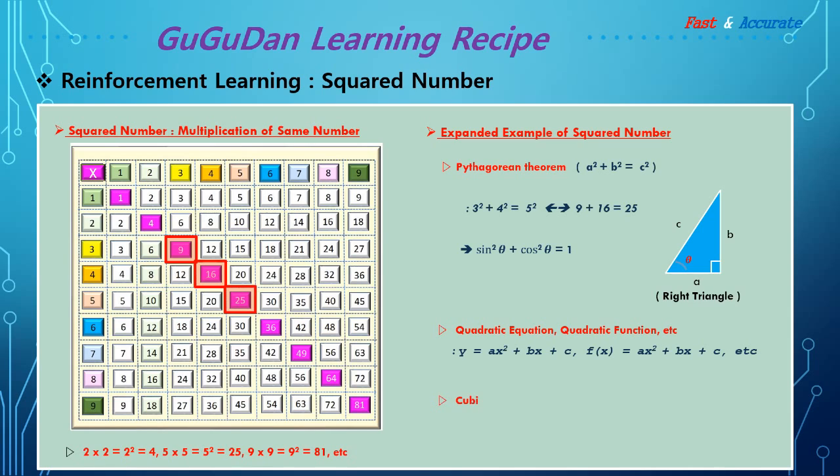And if the multiplication of the same number or the same characters is called a squared number, then a value multiplied by itself 3 times is called a cube, and a value multiplied by itself 4 times is called the fourth power, etc. Equations and functions involving the cube and fourth powers of the unknowns x or y become cubic equations or quaternary functions, etc. Usually, problem solving of these kinds of equations and functions is covered in mathematics courses in middle school and above.